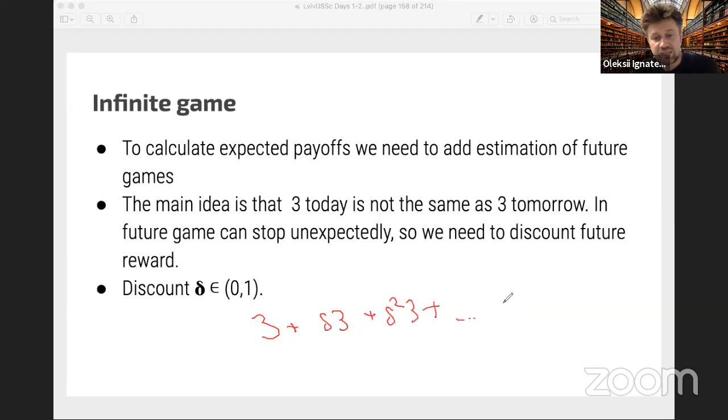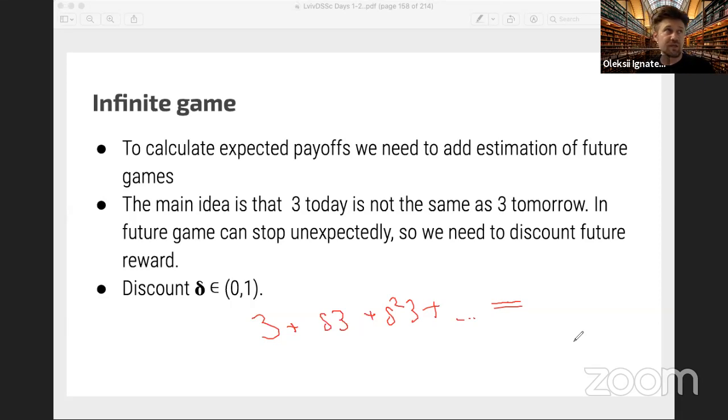It's actually a very usual way to define the payoff, for example, for multi-agent problems also.